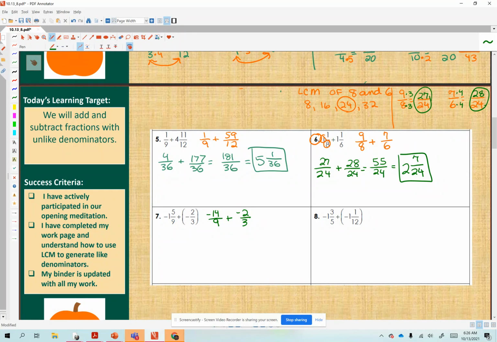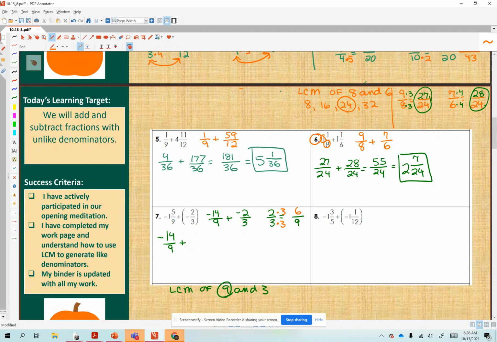Now we need a least common multiple of 9 and 3. Well, 9 is a multiple of 3, so 9 can be our least common multiple. So our first fraction can stay the same, and our second fraction will be converted to ninths. We'll multiply both the numerator and the denominator by 3 to get 9 in the denominator and 6 in the numerator.